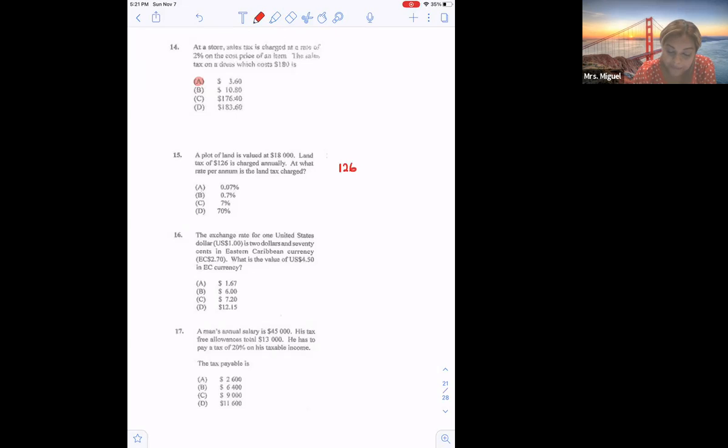So 126 divided by 18,000 multiplied by 100%. So 126 divided by 180, this is equal to 0.7%. So 0.7 by 180,000 will give us 126,000.